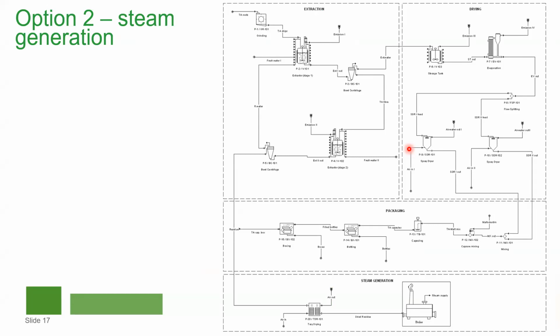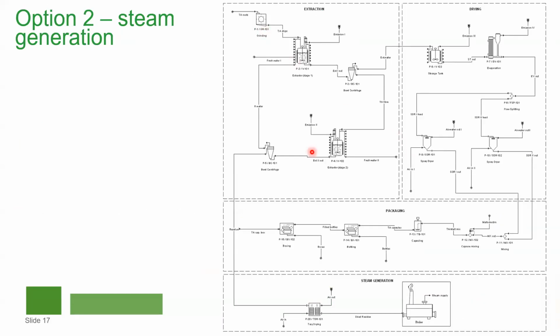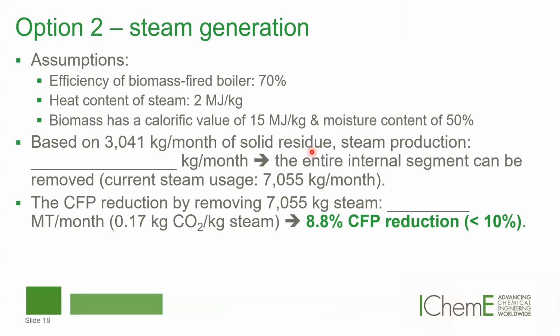So we look at option two, which is steam generation. Now we try to see how much of the internal steam generated can be powered by our waste biomass. Assuming our boiler or steam generator has 70% efficiency and the heat content of the steam is this value, and same assumption yung calorific value ng tongkat ali waste is this one, and also 50% moisture content.